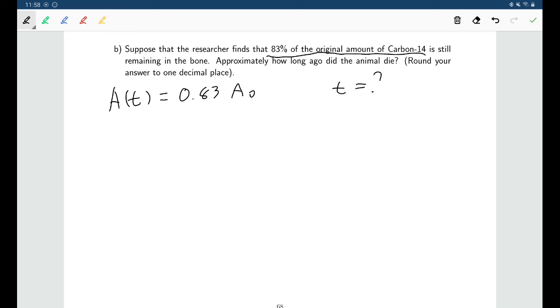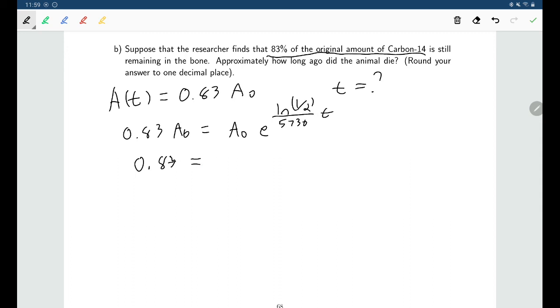So away we go. We know that we want to have 83% of the original amount, and we want to solve for t. So I'll start off with 83% of my original amount is original amount e to the decay constant times t. I'll divide both sides by original amount. And this is why we don't really need to know the original amount. We only need to know the percentage here.